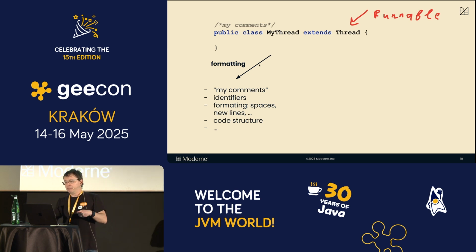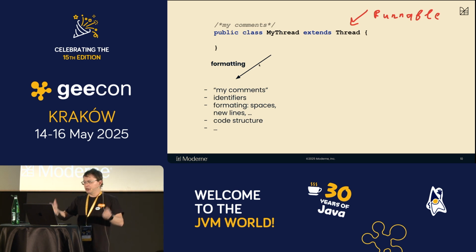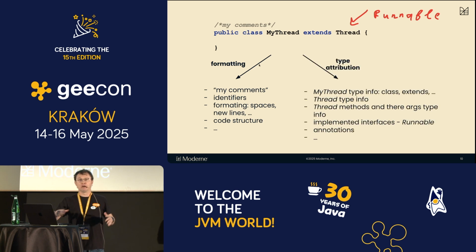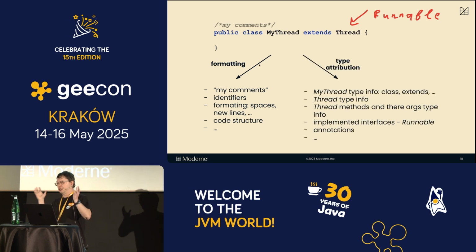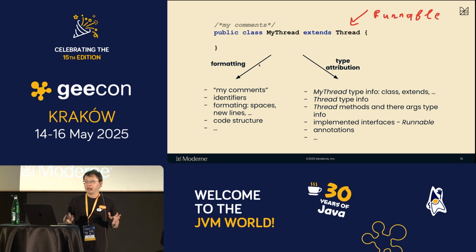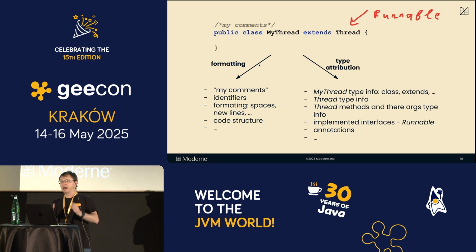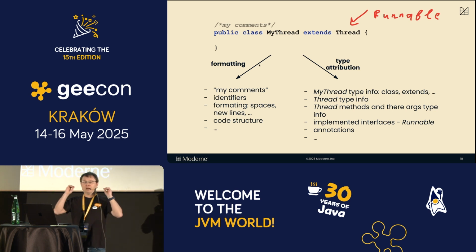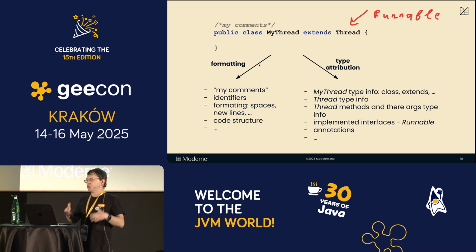That's why we are adding this information to our LST tree by doing a procedure called type attribution. We use Java compiler information, Java compiler internal tools, Java reflection, to get this information from the compiler internals.